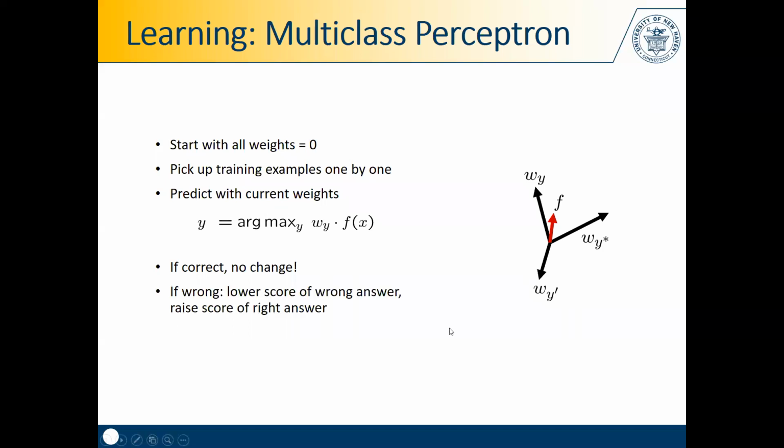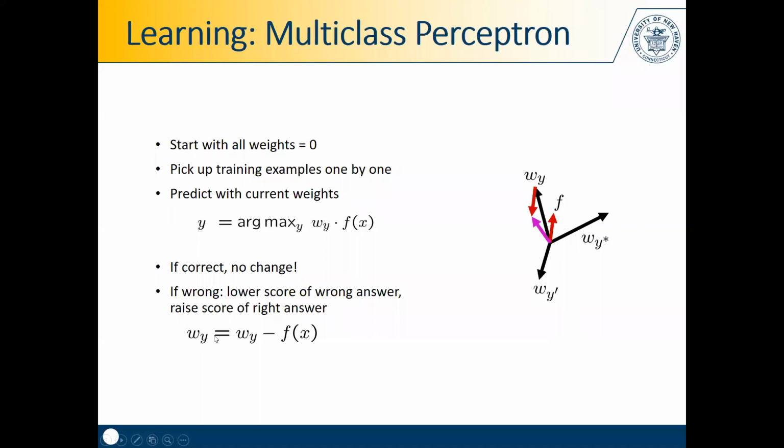If wrong, we lower the score of the wrong answer and raise the score of the right answer. What does that mean? So this is the weight vector of the wrong answer, the weight vector of the incorrectly predicted class y.